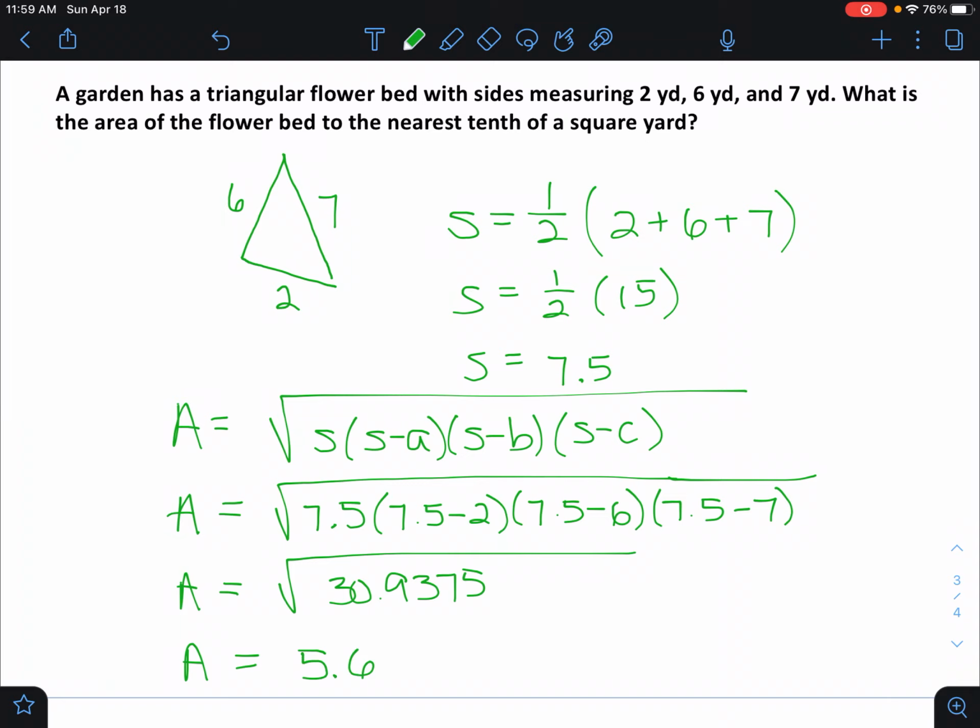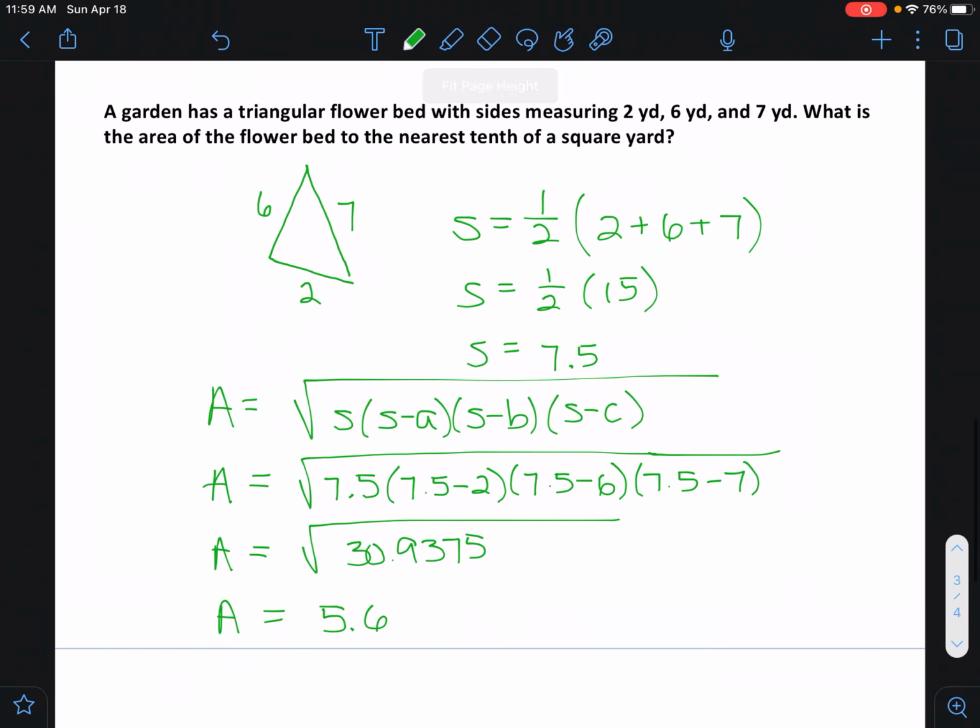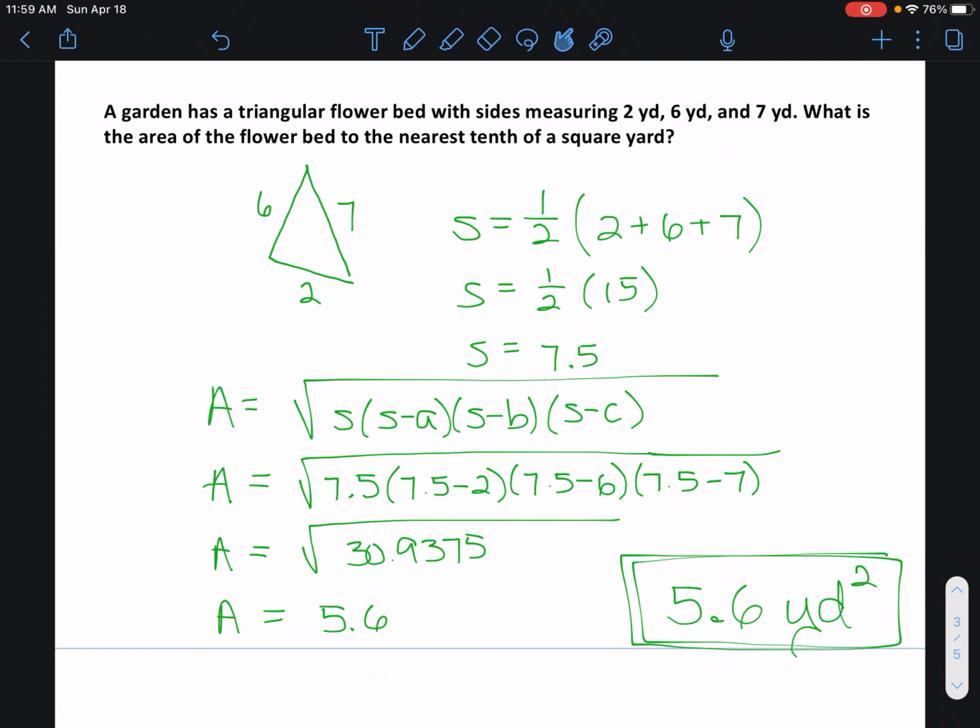Now this is area, remember, so it would be 5.6, put my units on there, square yards. There's the abbreviation for square yards. So if I needed mulch or something, this is how much mulch I would need, 5.6 square yards. And that's how you use Heron's formula.